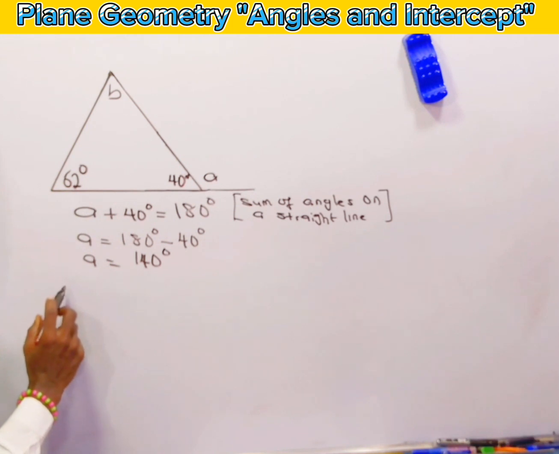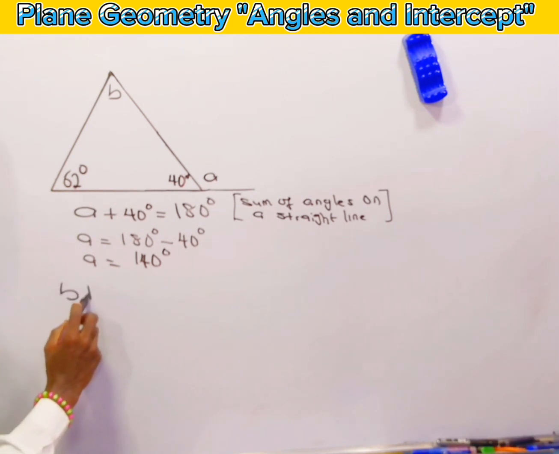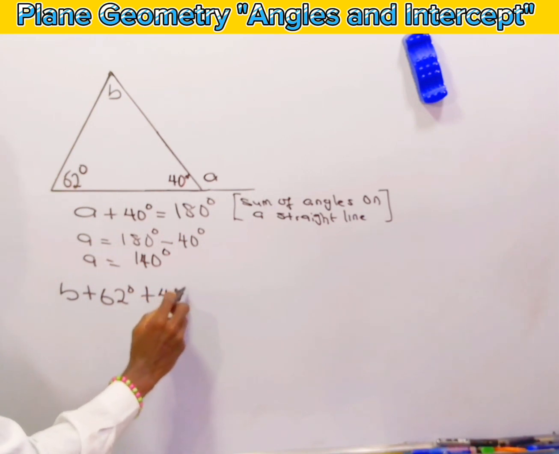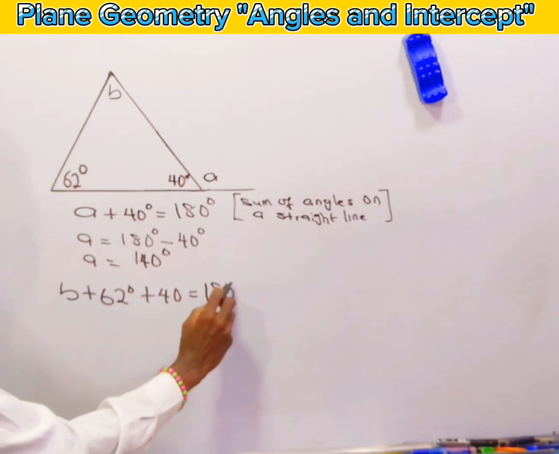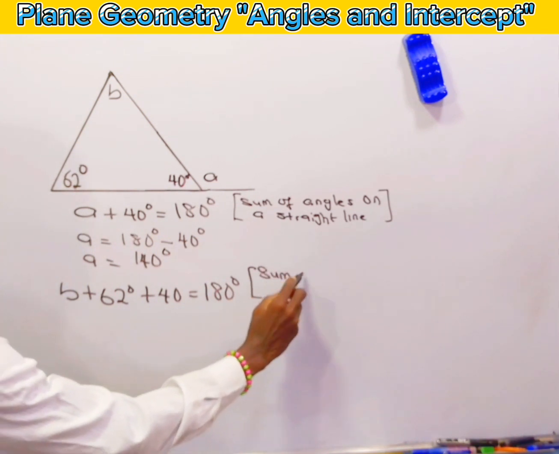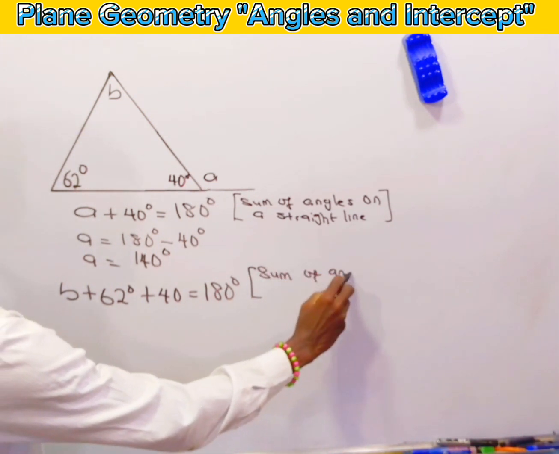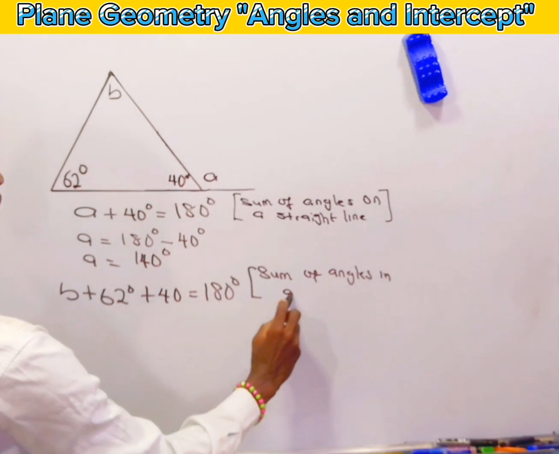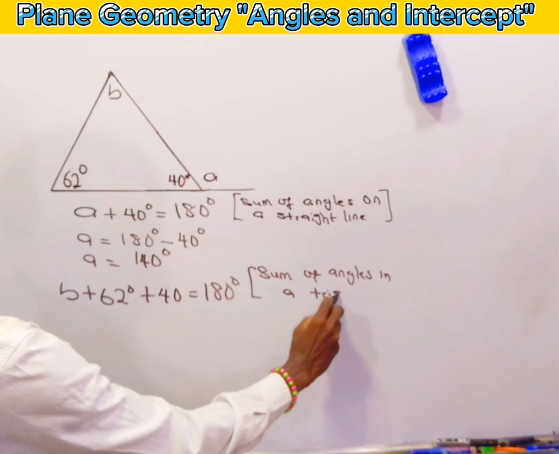Now to get B, we can use two methods. First of all, let's say B plus 62 degrees plus 40 degrees is equal to 180 degrees, sum of angles in a triangle.